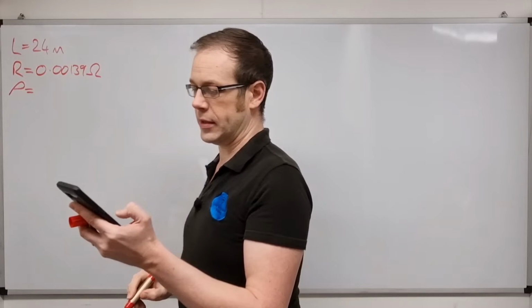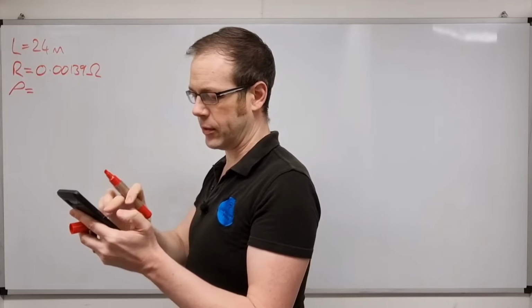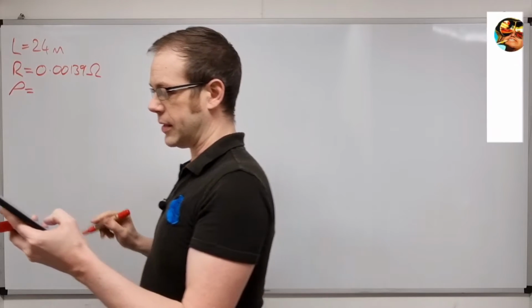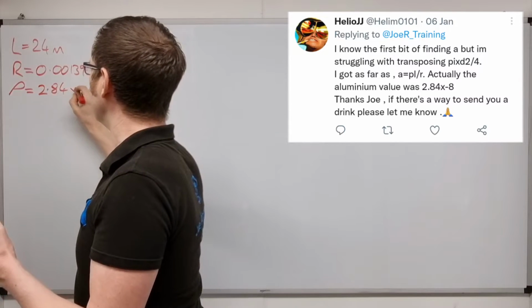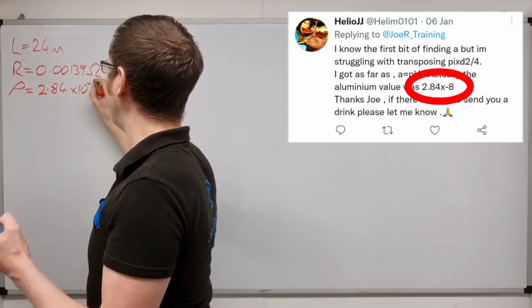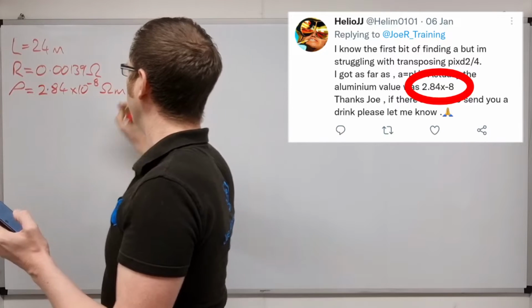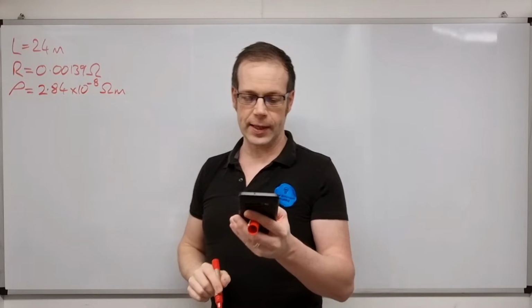We change that, remember, so we'll get the correct value because it's aluminium: 2.84 times 10 to the minus 8 ohm meters. Okay, so that's what we're looking at there.